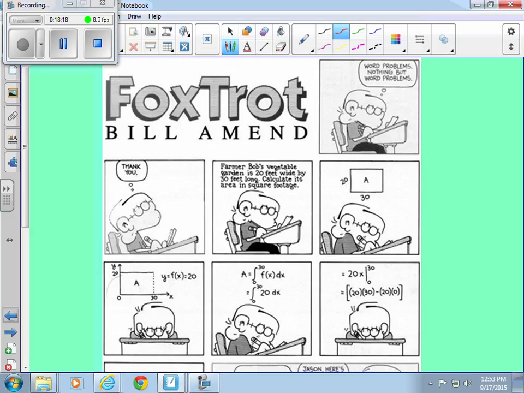This is a typical calculus student. I'm going to exceed. I got to do great. Yeah. So he's trying to find an area of the garden. He draws a picture. He does the integral to find the area.